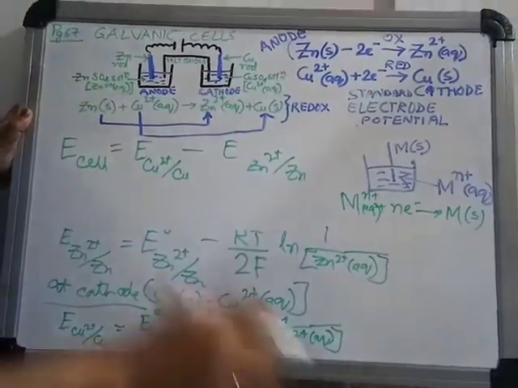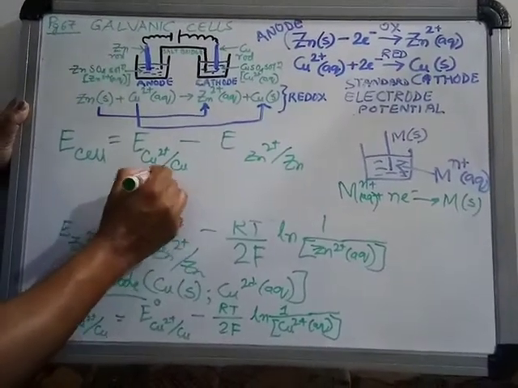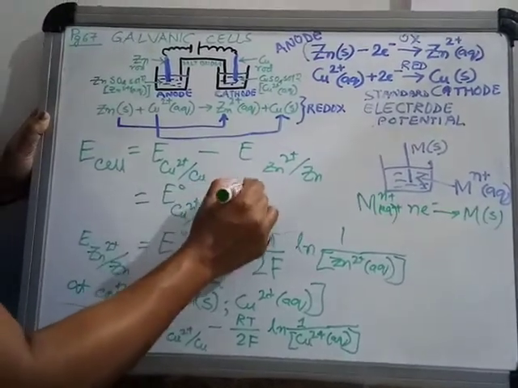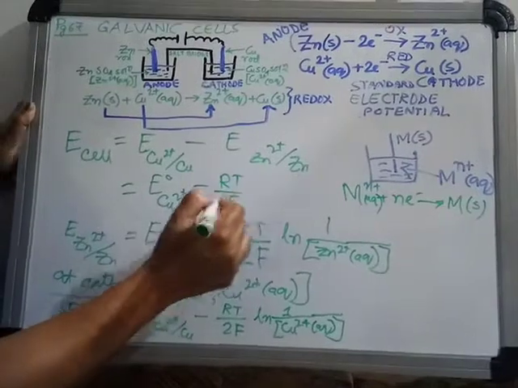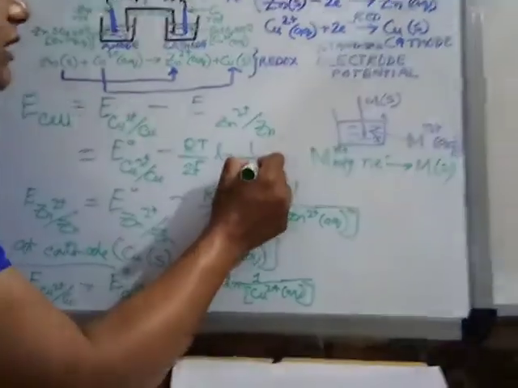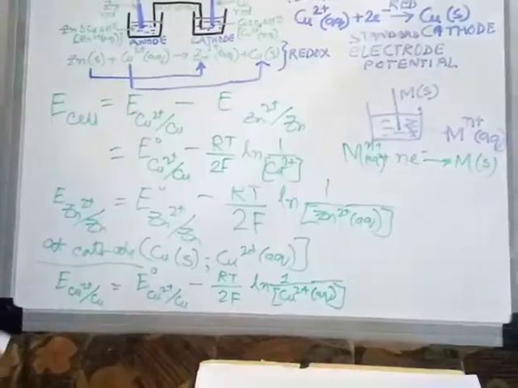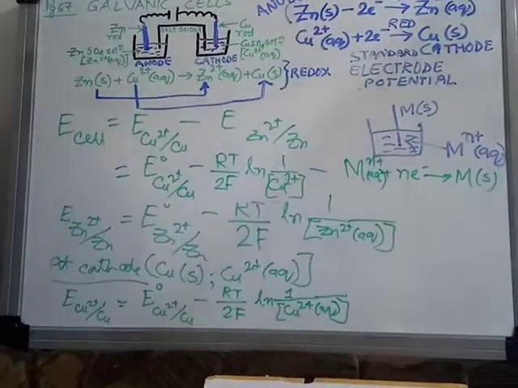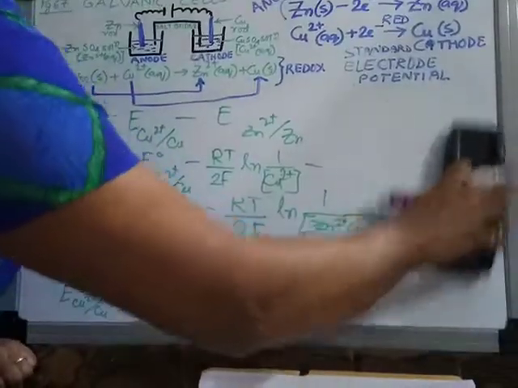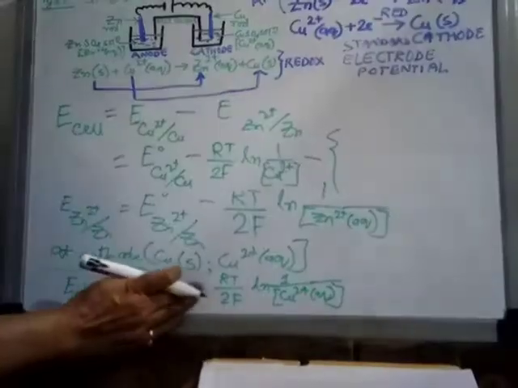So what can we write for this one? E0 Cu2+ | Cu minus RT by 2F ln of 1 divided by concentration of Cu2+ aqueous, minus this one. So what is this?